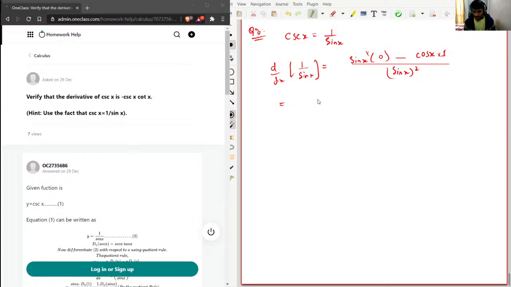This will be 0 and this will be minus cosine x over sine x times 1 over sine x.